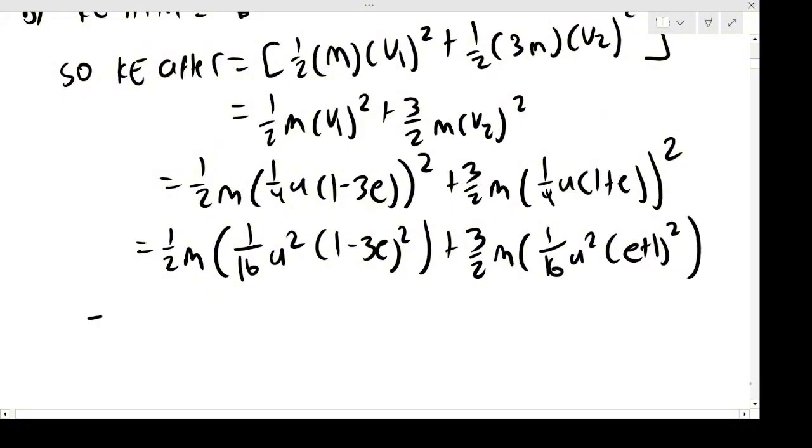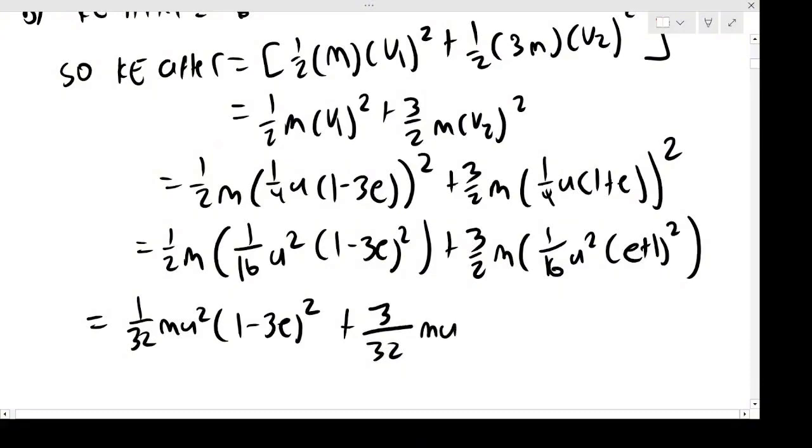And so if we tidy this up, we get 1 over 32 m u squared, lots of (1 minus 3e) squared, and then 3 over 32 m u squared, lots of (e plus 1) squared.